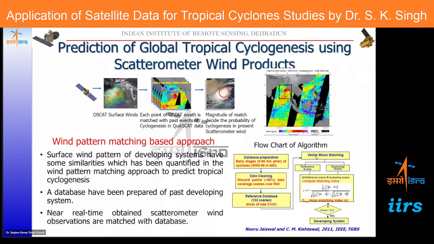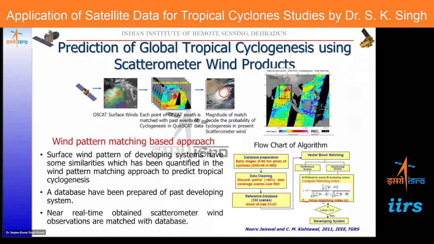How did they apply it? Whenever a tropical cyclone forms, they take the scatterometer wind and try to match it with the real situation. The reference scene comes from the database, and the analyzing scene comes from the real-time scatterometer observation. They used this formula to compute the matching index. The matching index is computed at each grid point of the study domain, and the maximum matching index is considered Cmax.